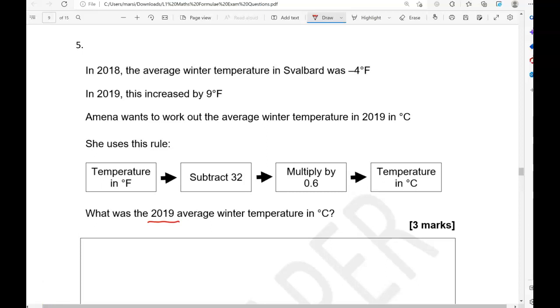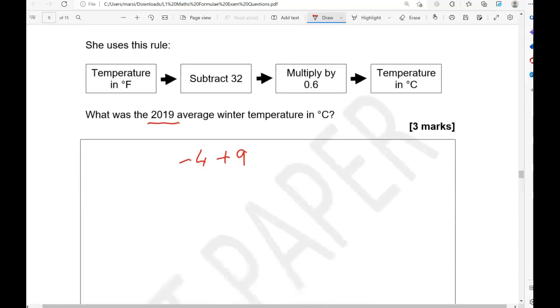So first of all, we need to work out the average winter temperature for 2019. And we can use the 2018 temperature, which is -4, and we've got an increase by 9 degrees. So we're going to add 9 to that. So you can imagine the thermometer being there's 0, and we have -1, -2, -3, -4 being here.